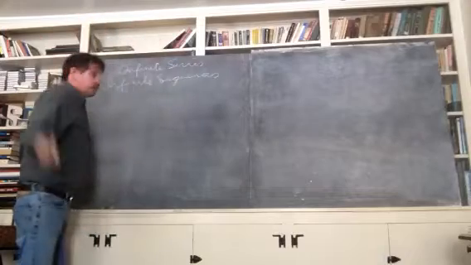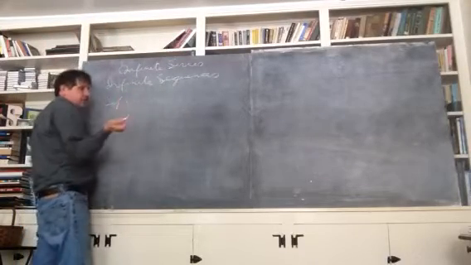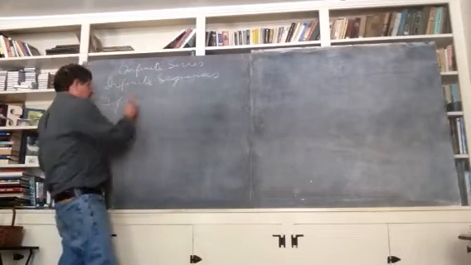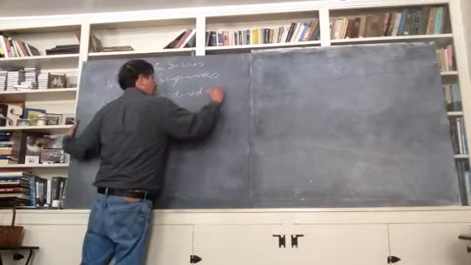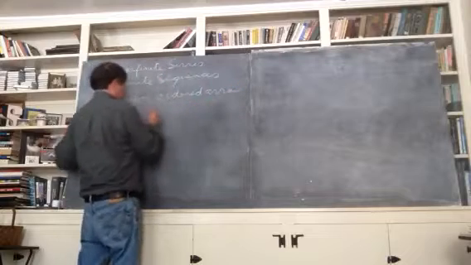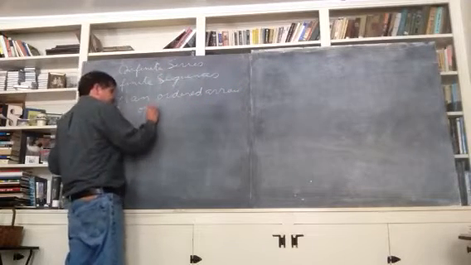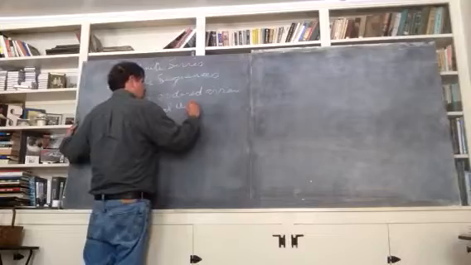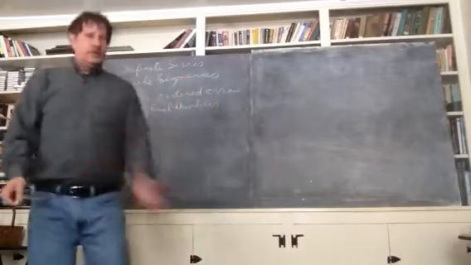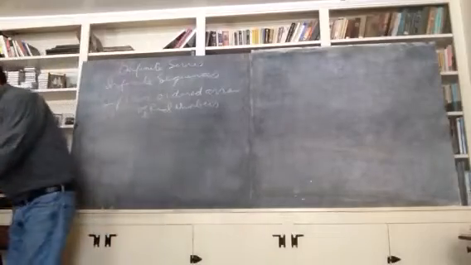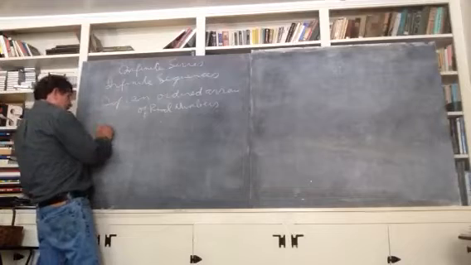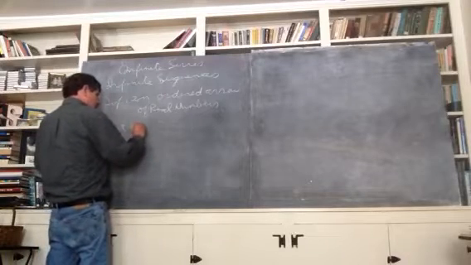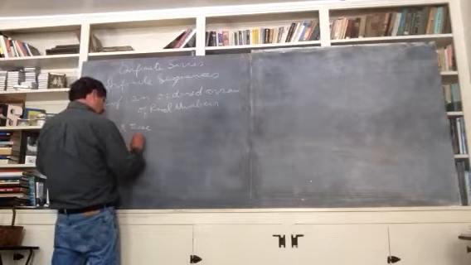And a sequence, just by definition, is an ordered array of real numbers. It's just a list of numbers. This word, by the way, means we count these ordinally.